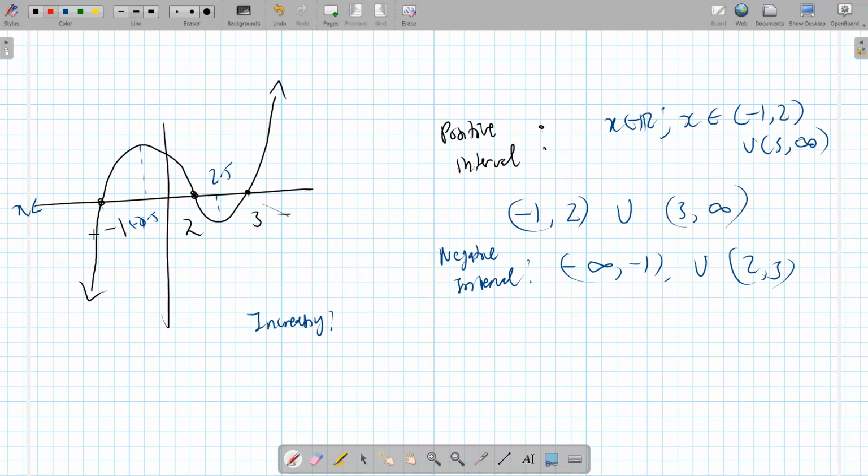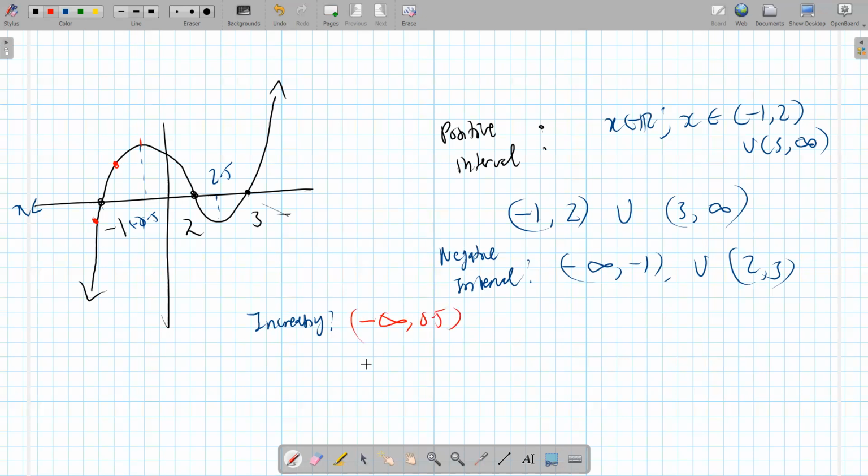So here, just ask yourself, from here to here, the x value goes up, right? Always, from left to right, x values are always going up. Are the y values going up or down? The y values are going up. So up until 0.5, the y values are going up, so that's an interval of increase.